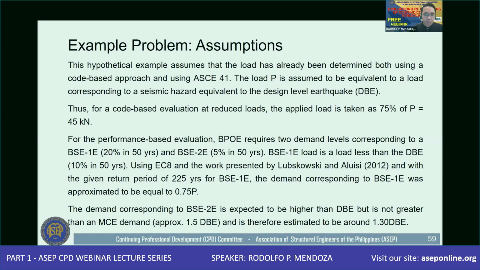The demand that we use corresponding to BSE-2E, of course, is expected to be higher than the design basis earthquake, but it's not greater than MCE.